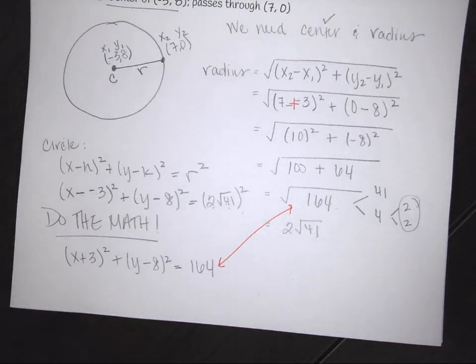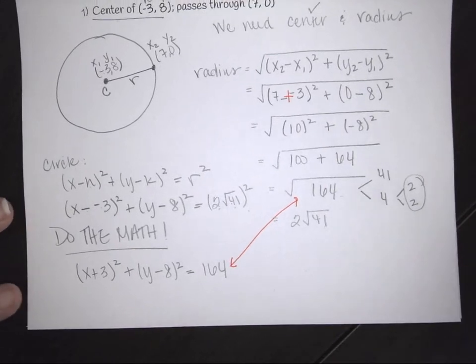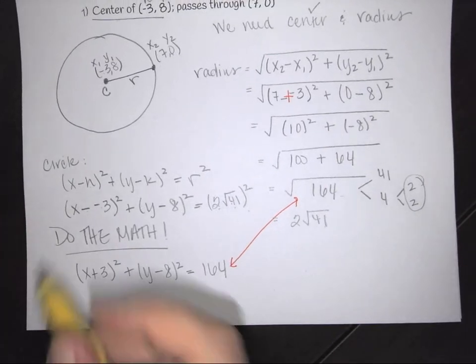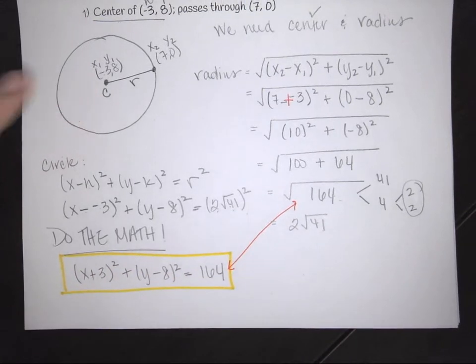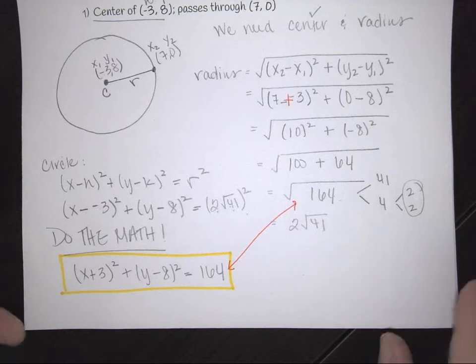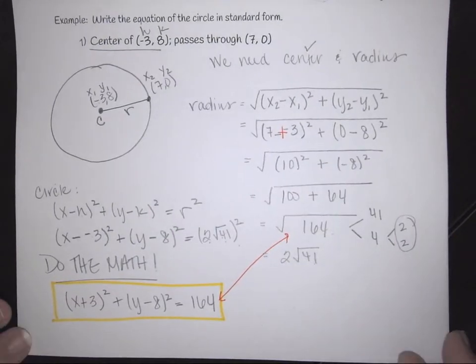So you need to be very careful when working your problems that you do go ahead and reduce things down as far as you can go at all times. Okay. So when we're talking about solutions, this is the equation that we were looking for. And that would be the standard form of the circle described in your problem.